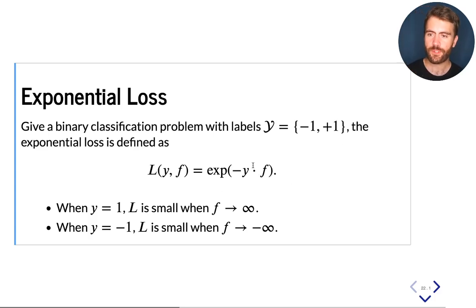You can convince yourself that this is a good loss because, for example, suppose that the true class y equals 1. Then this loss will be small if f goes to infinity, and so our score is going to be far away from 0, which is the threshold between the two classes.